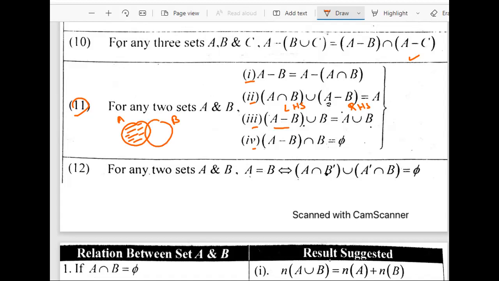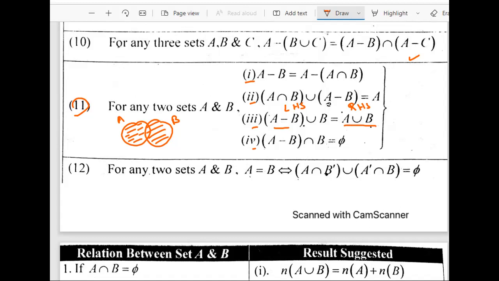I have (A minus B) union B. If I unite this with all of B, this is what I'm going to get. And this basically is A union B, right? Did you understand? Yes, ma'am. Okay, very good.